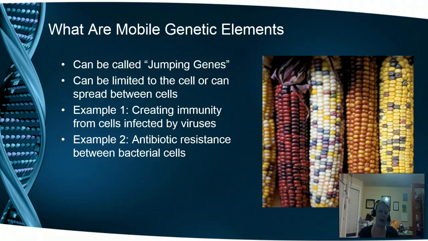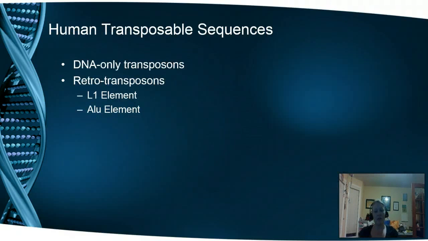Now, it's not just bad. There are some good examples where this can create immunity. This is also how antibiotic resistance occurs between bacterial cells. So we're going to look at the human transposable sequences, DNA only, and then some retrotransposons as well. We're going to look at both of these options in the next couple slides.